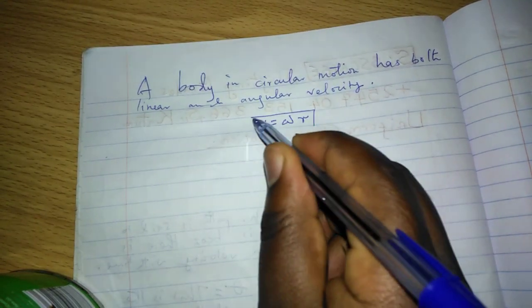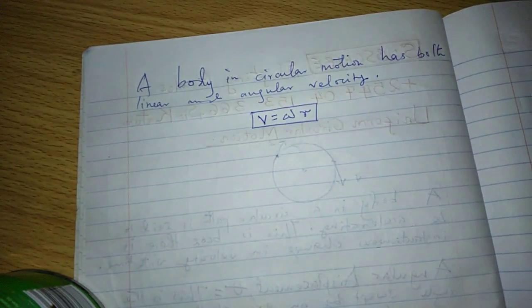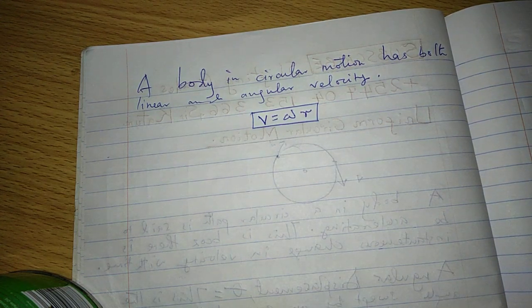So that is the relationship between angular velocity and linear velocity.